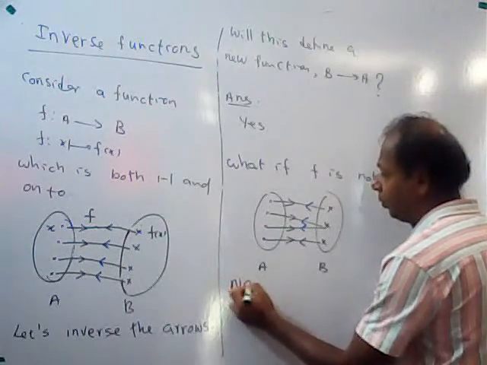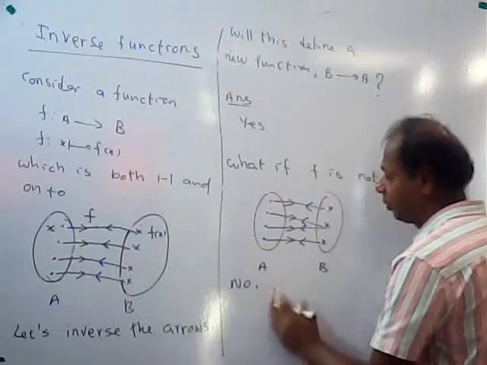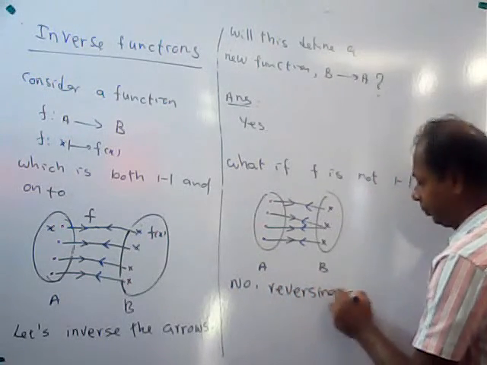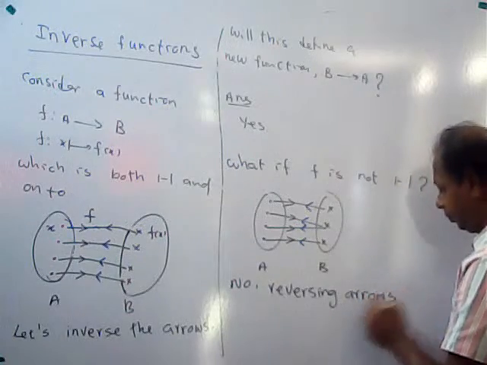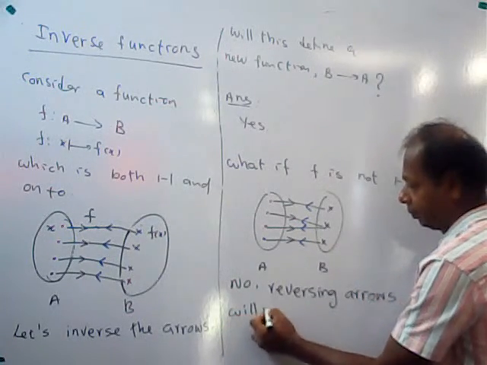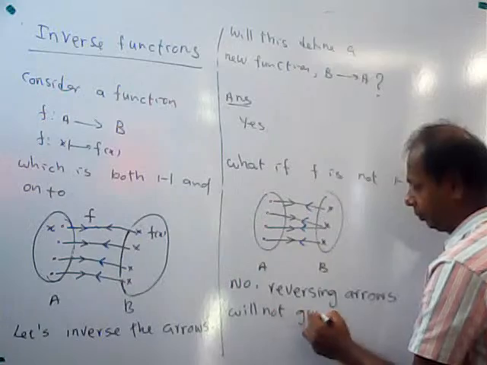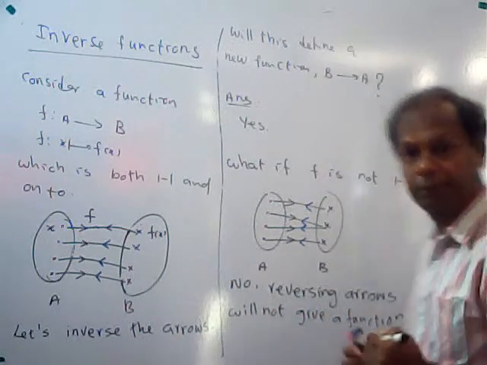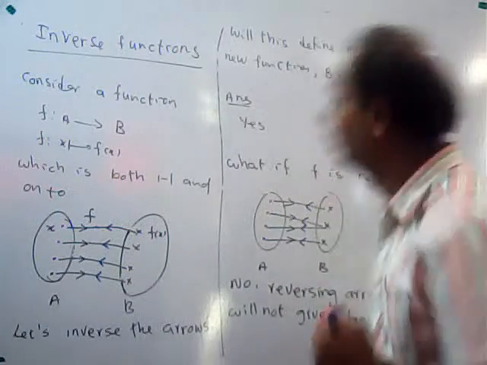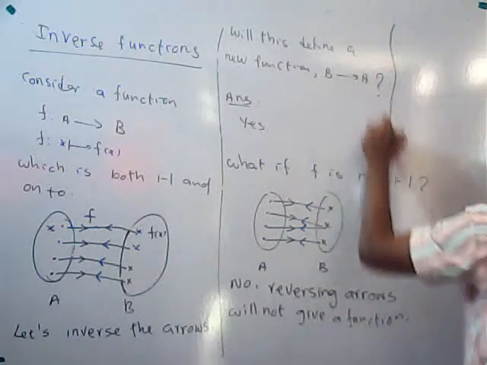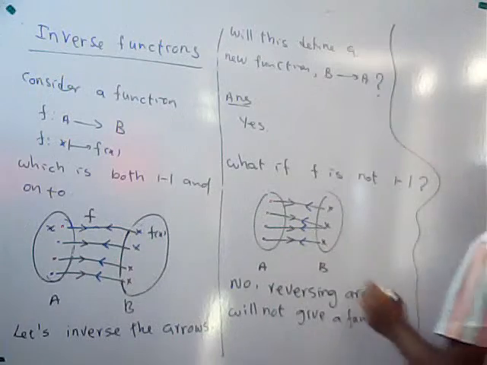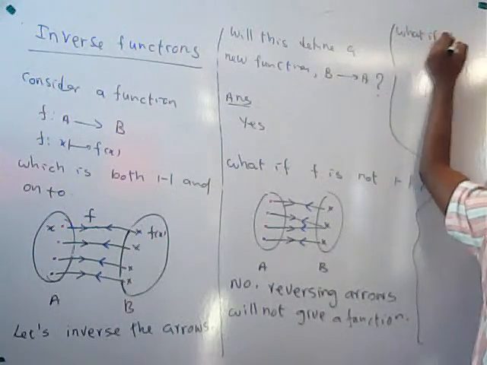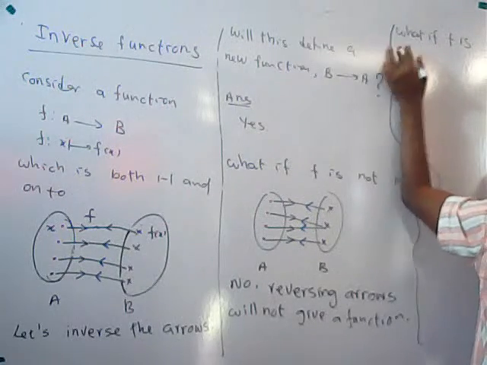No. Reversing arrows will not give a function. What if it is not onto?